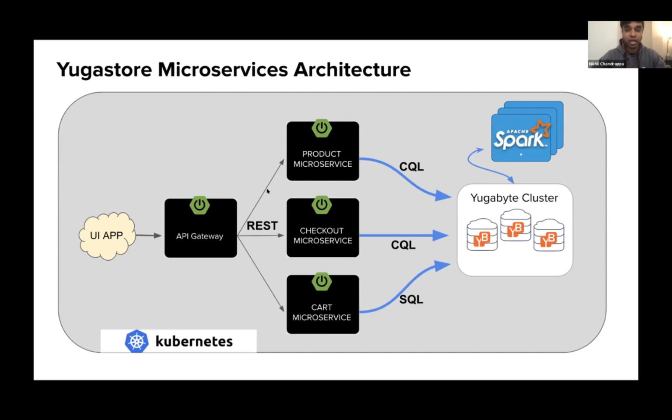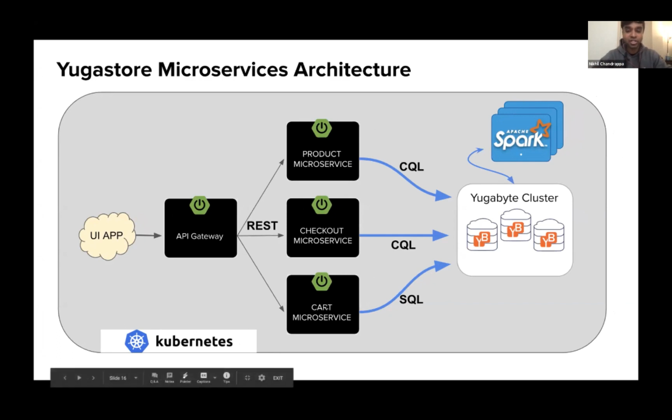In order to design the access pattern for this domain, we are doing a directed fetch, fetching the data based on the product ID. That's why we want key-value based access, and why we went with the YugabyteDB API that supports the NoSQL way of accessing data. We can do a directed key fetch. That's why our product microservice is using that API.